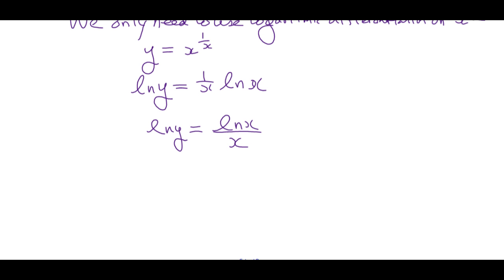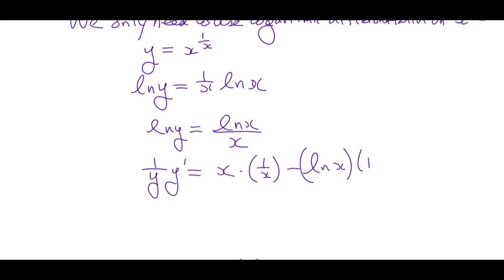And now we're going to differentiate that. So 1 over y times y prime is equal to x times the derivative of ln x, which is 1 over x, minus ln x times the derivative of x, which is 1, over x squared.